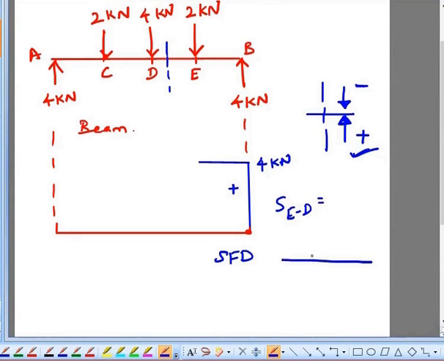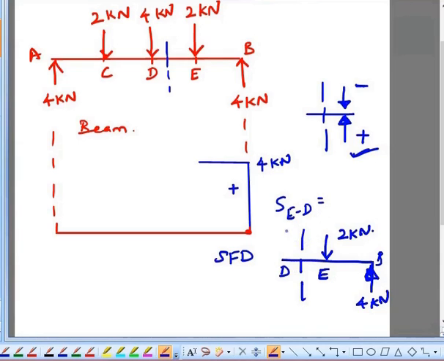So we'll be having like this: D, E, and B. At B, I'm having a 4 kilonewton force, and at E, I'm having a 2 kilonewton force. This is your section.